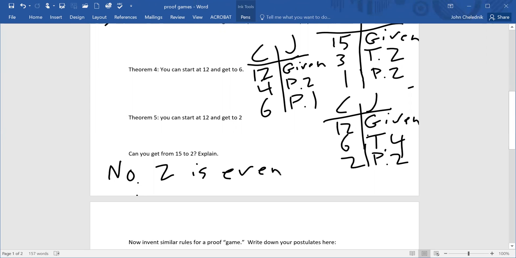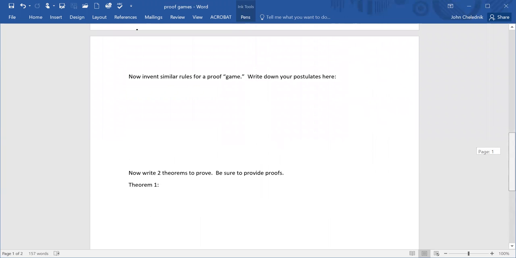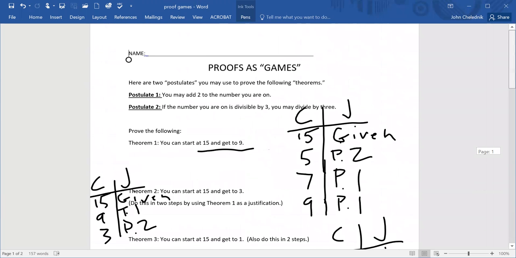We're not ever going to be able to get to any even numbers if we start on 15. Notice that if we start on an even, we have to stay even the whole time. And if we start odd, we're going to have to stay odd, because when you add 2, it doesn't change whether it's even or odd. It's simply not possible.